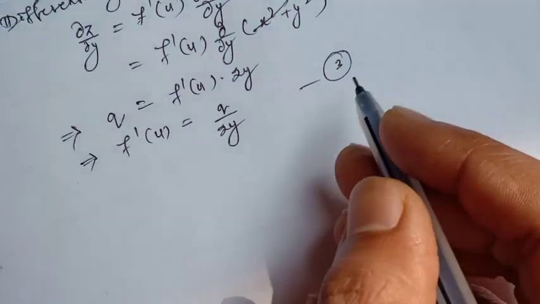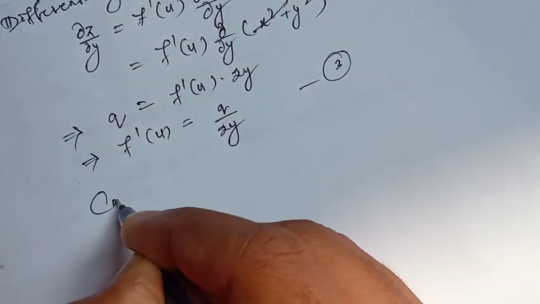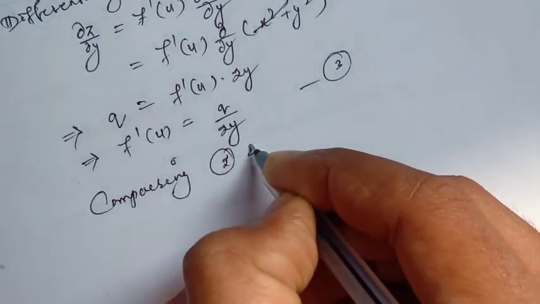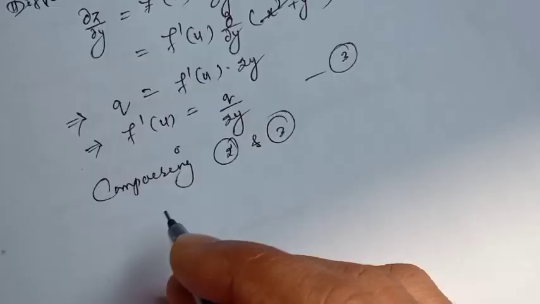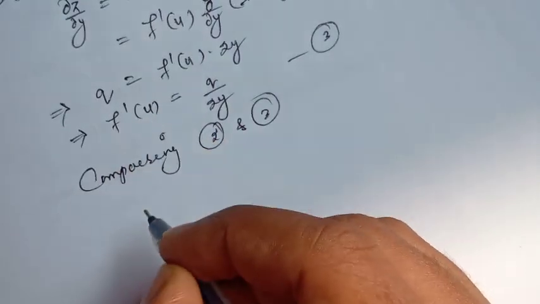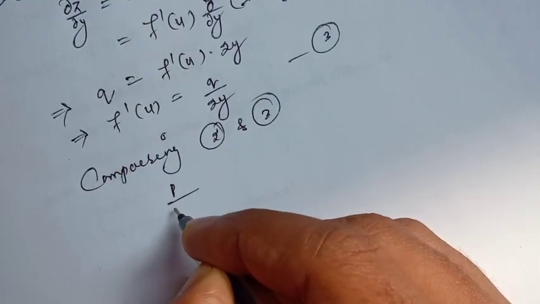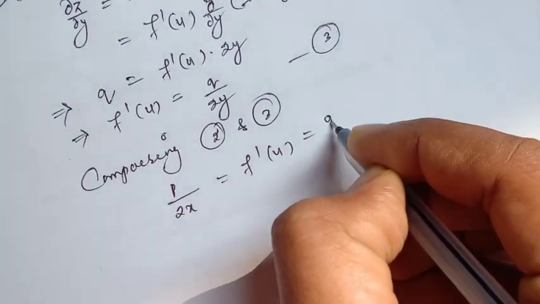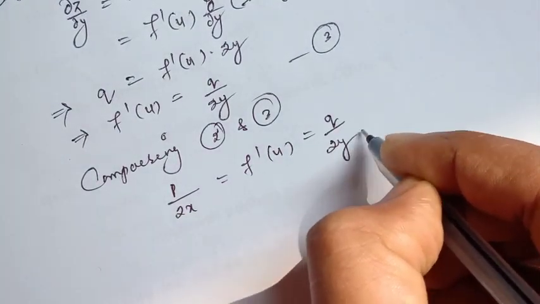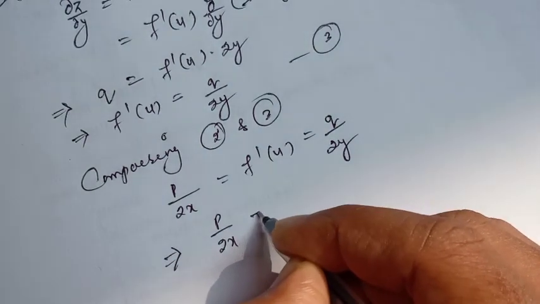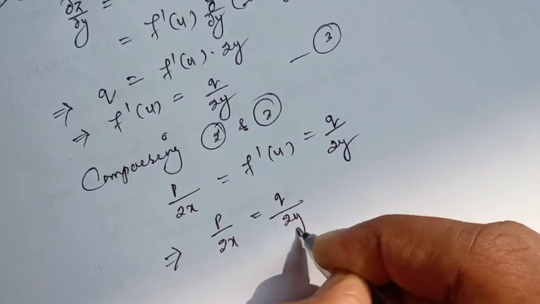Now comparing 2 and 3, f dash u is common, so p by 2x is equal to q by 2y.